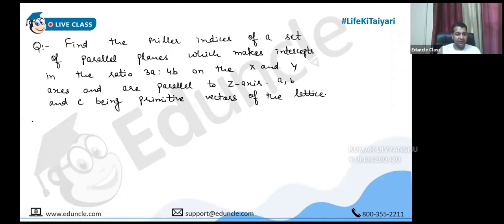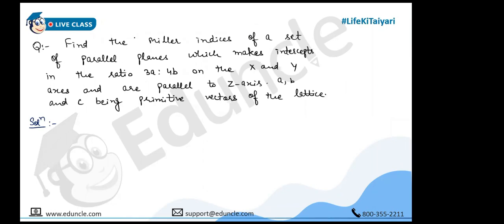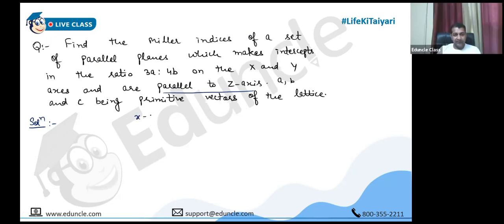So what has to be done in this case? The intercepts are 3A, 4B. So what about the intercept on the Z axis? Infinity. How do you get that? It is parallel to the Z axis, and parallel to the Z axis, the intercept will be infinity. So the intercepts are x equal to 3A, y equal to 4B, z equal to infinity.